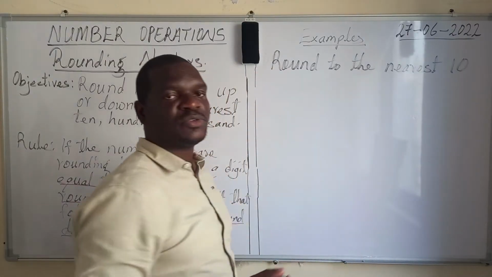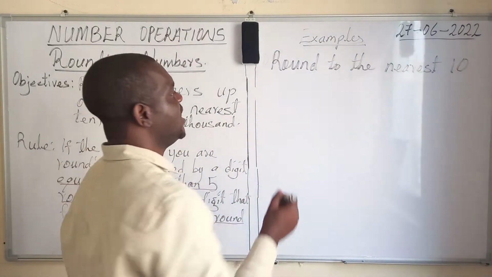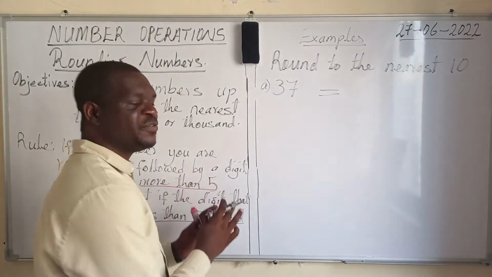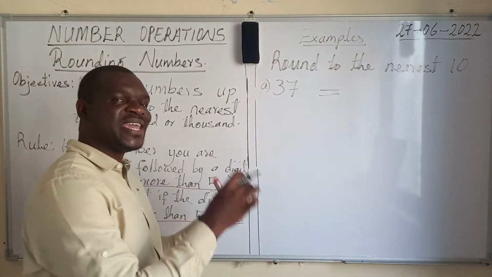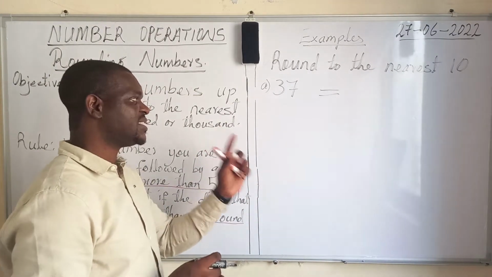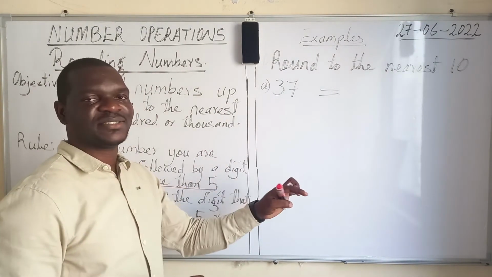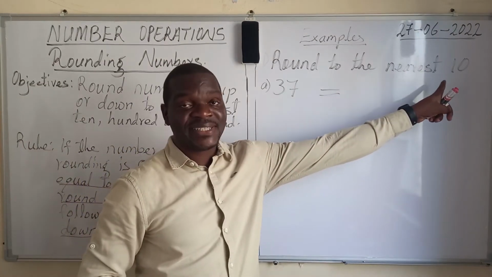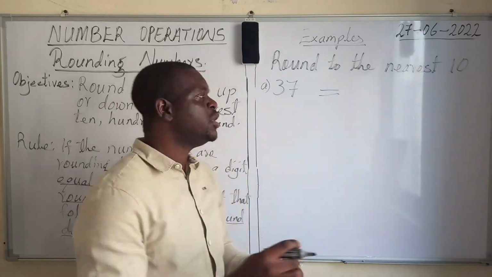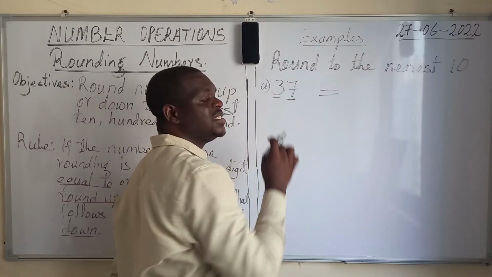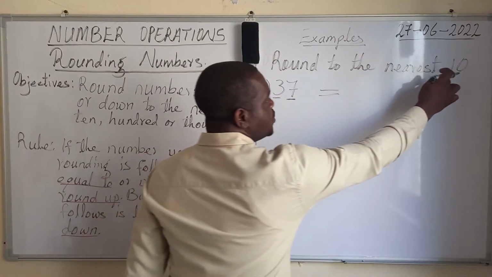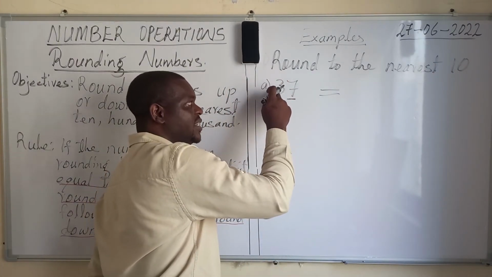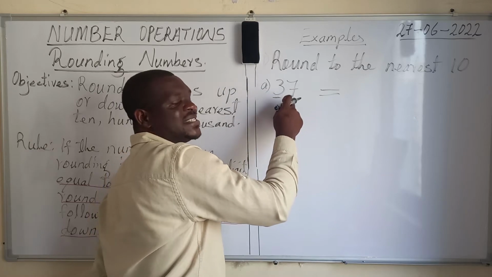Example 1. Round to the nearest 10: A, 37. Please follow carefully, because this is the main thing. If you understand what to do here, the next will be easy for you. When you are rounding to the nearest 10, your focus should be on the 10 and unit digits. This is the 10 digit here, 3, and the number that follows is 7.